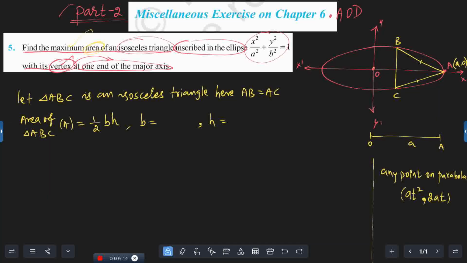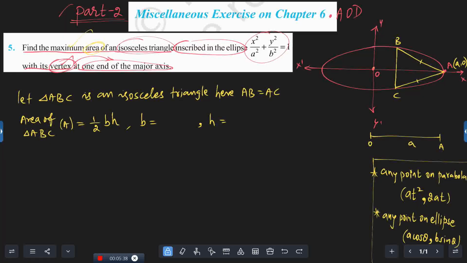But our question is about the ellipse; the parabola was an extra point I'm giving. So any point on the ellipse will be (a cos theta, b sin theta).